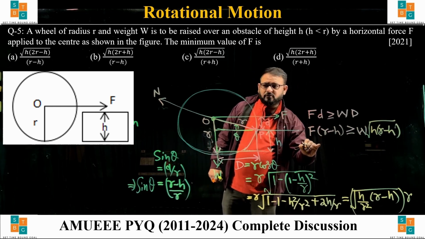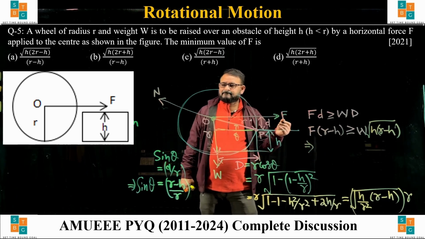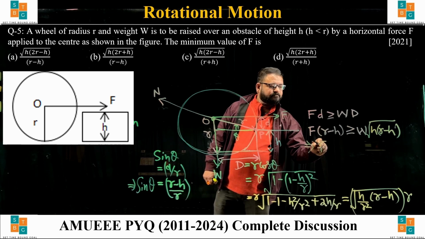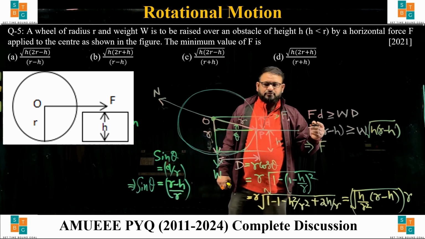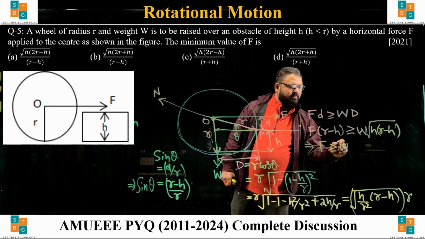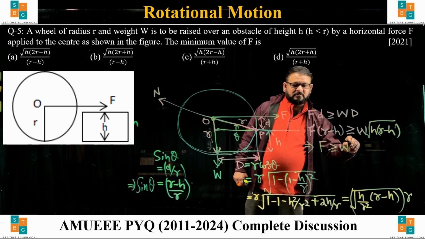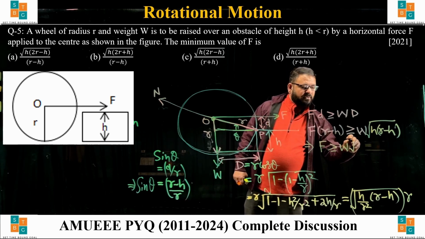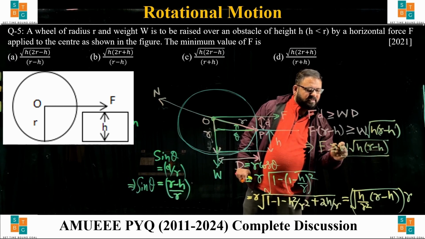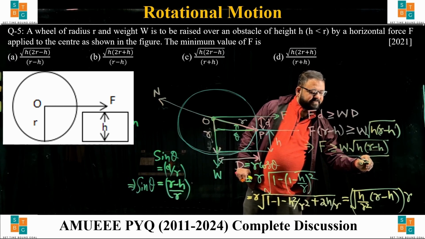So therefore F should be greater than W times square root h into 2r minus h by r minus h.